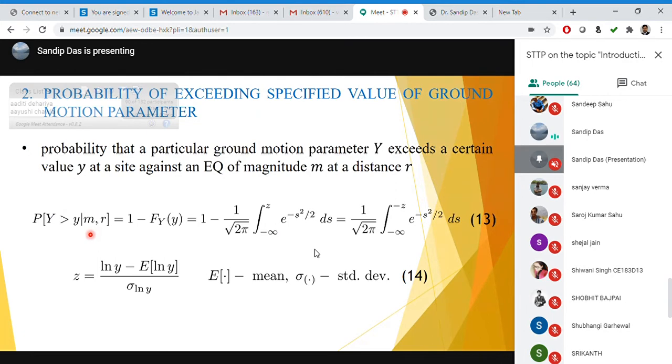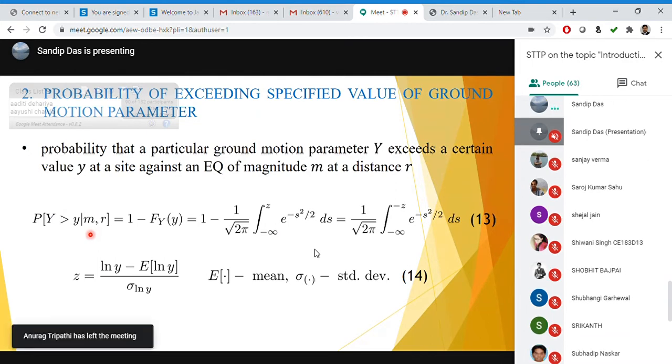But what we finally want to know, when this given thing is not there, is this: I am sitting in a city. I know the backdrop seismicity defined by the Gutenberg relationship. Basically, I have the Poisson model in my hand, and I also know the attenuation model. I want to really know the quantity without this condition. That means, knowing that location, tell me the probability that my PGA of 0.5 will get exceeded, because I need that information to design my structure.